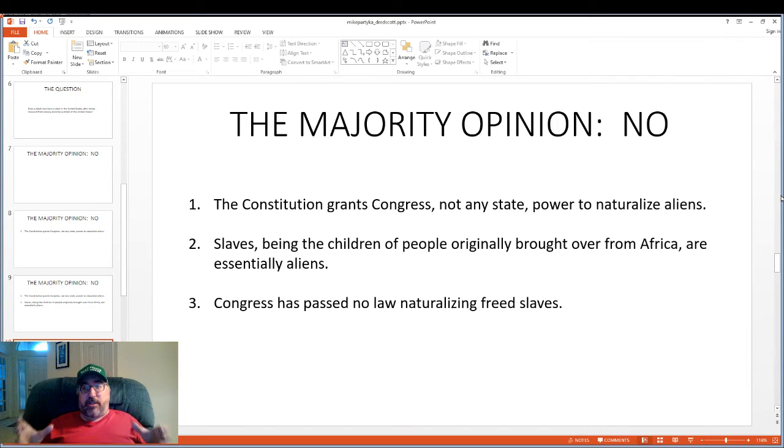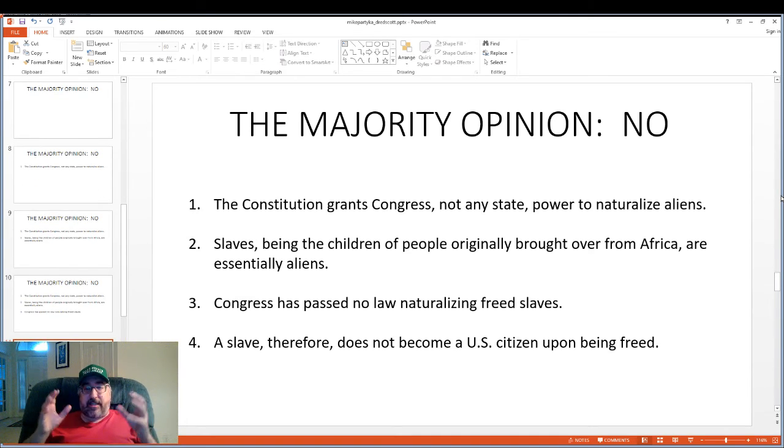So, in those cases, you could have people become citizens, but in terms of the slaves born of those original Africans brought over from Africa, there were no naturalization laws as yet. And therefore, a slave, if freed, does not become a U.S. citizen. So that was the basic reasoning of the majority opinion.